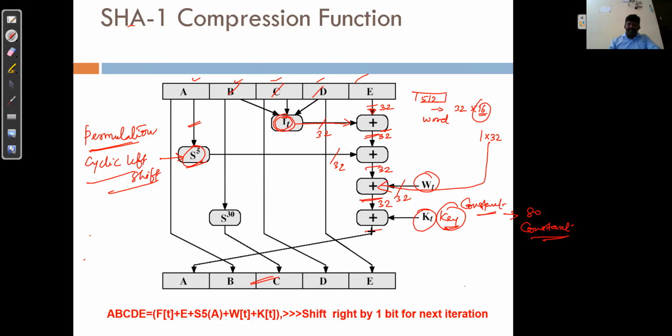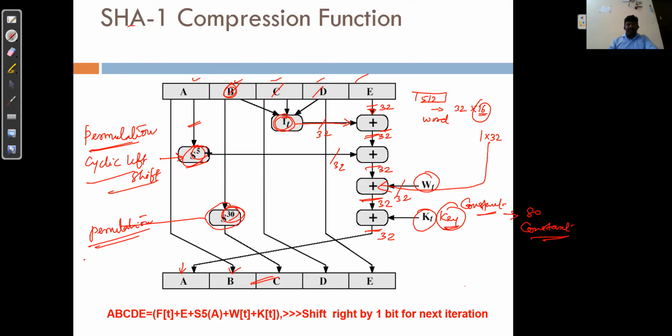Whatever 32-bit output we get here is swapped into register A, and the value of register A comes to register B. The value stored in register B is applied to one more permutation, which is a cyclic left shift by 30 bits. The superscript number represents the number of bits to be shifted left.